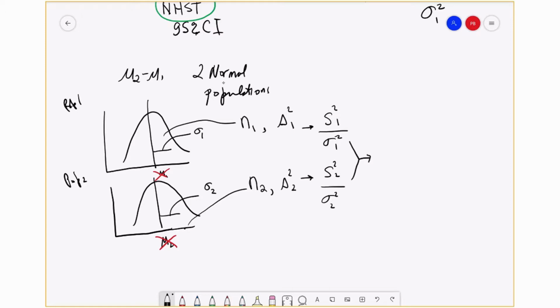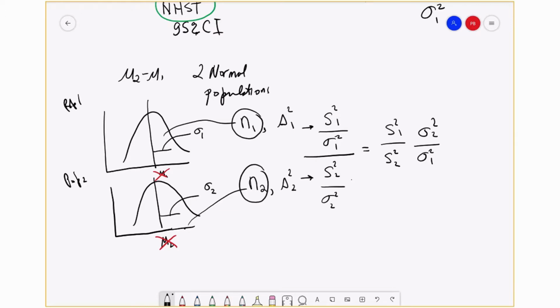So in other words, we put a division line right here. And what that gives us is S squared 1 over S squared 2, and we do the algebra, times sigma squared 2 over sigma squared 1. And remember, that's based on N1 and N2. And that's going to be our F statistic.